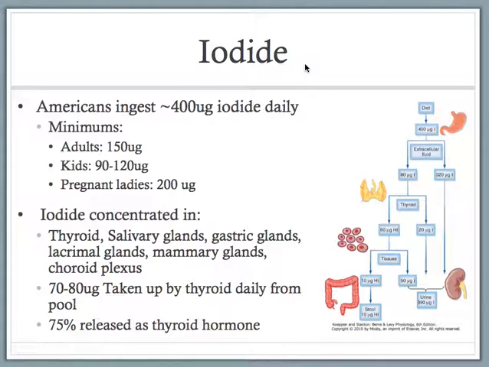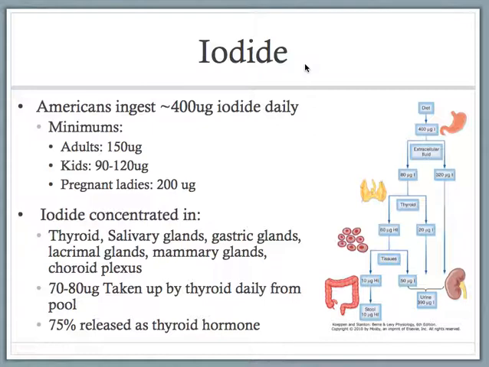So it comes from the diet, and as long as people are having typical table salt, you can pretty much assume that they're getting an adequate level of iodide. Before table salt was iodized, we saw that it was much more common for individuals to have a goiter, which I'll describe in the next slide.